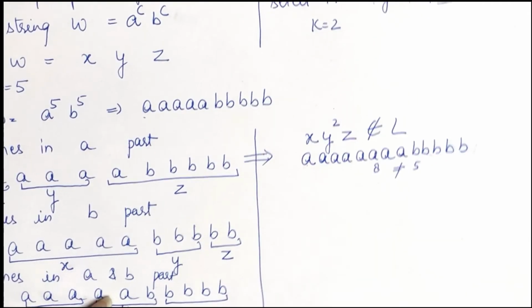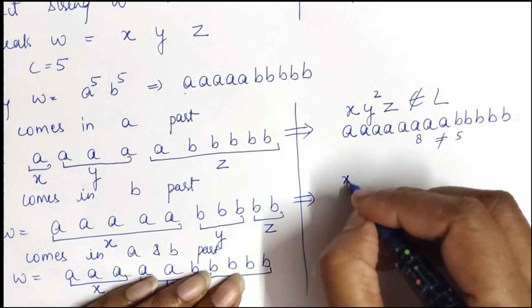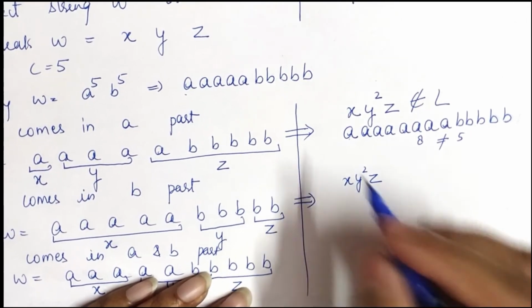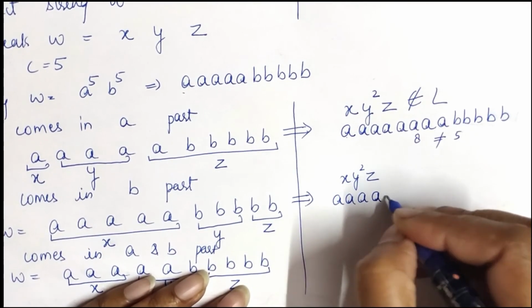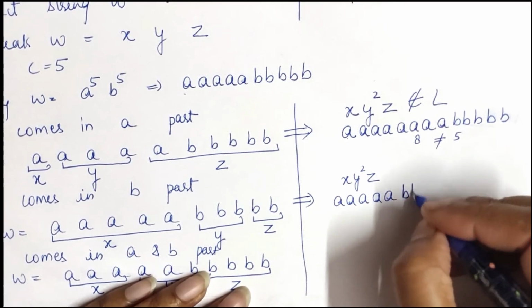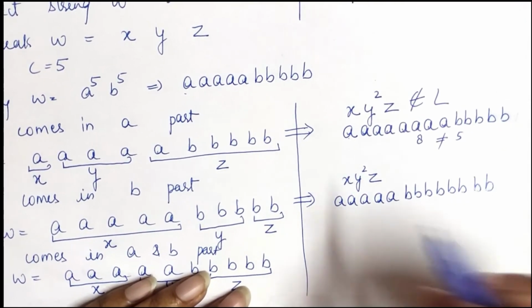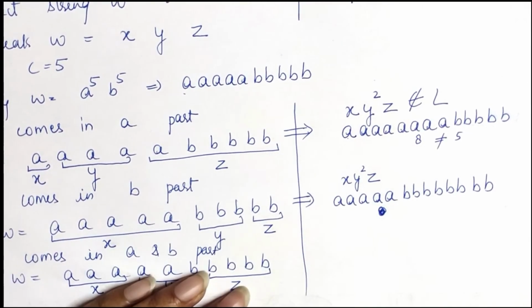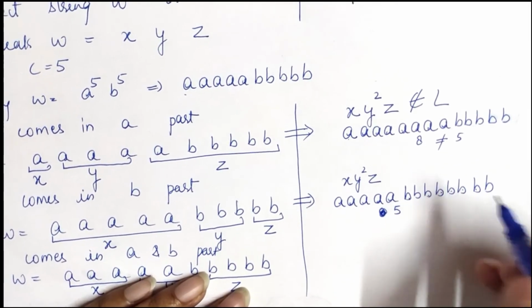Now if we check for the second case, x y square z, in this we have y as 3 times b. So x we can write as 5 times a, y is 3 times b, 3 times b, and z is 2 times b. See here, a is 5 times and b is 1, 2, 3, 4, 5, 6, 7, 8.